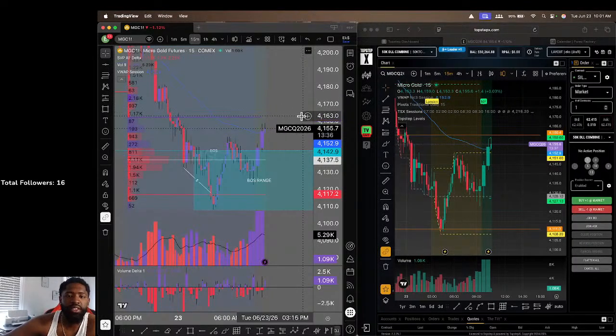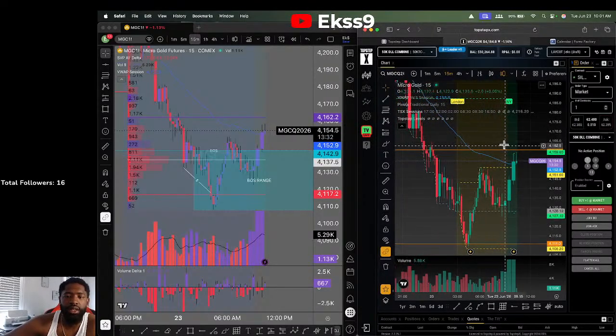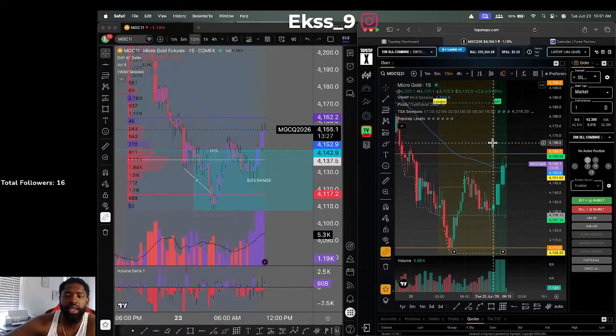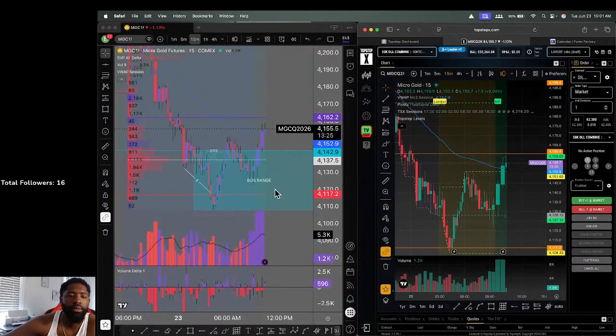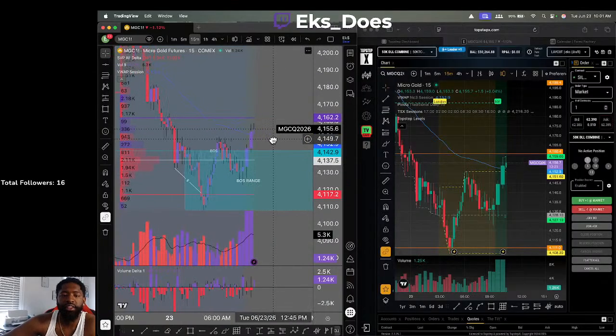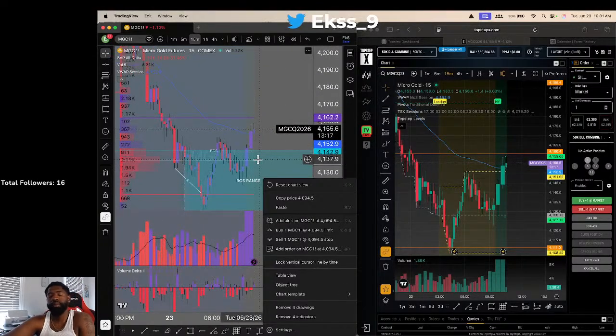So 4160s to 4170s, I want to see some selling pressure kick in and us get a candle confirmation to the downside to show that price wants to continue its higher time frame trend or direction.